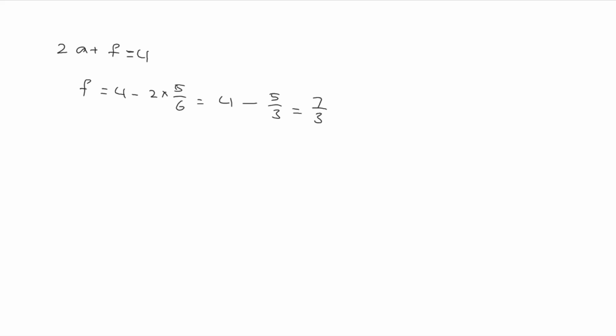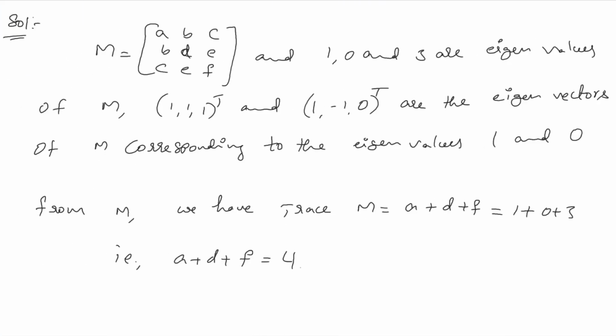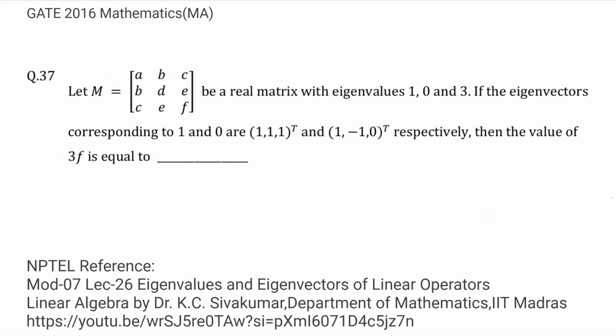So the value of F is 7 over 3. But it is asked that the value of 3F. So from this we have 3F is nothing but 7. That is what is asked. Hence the value of 3F is 7.